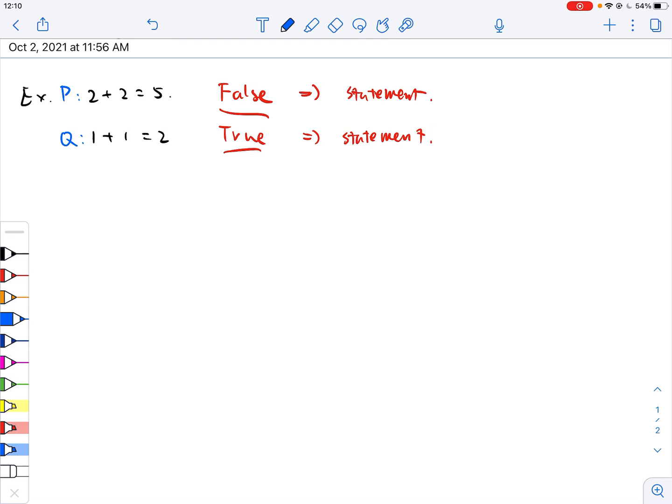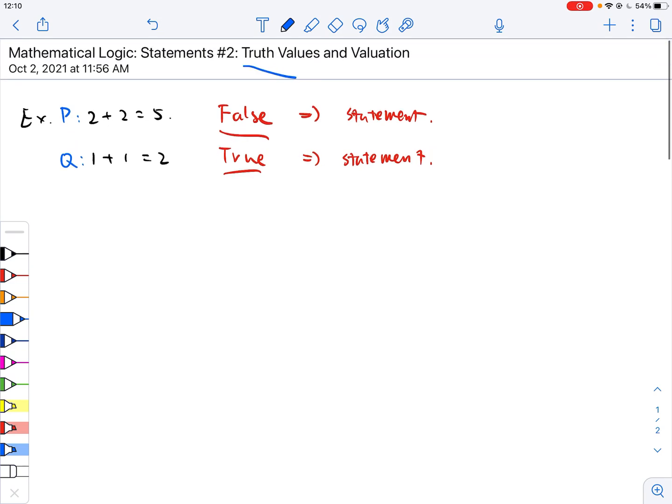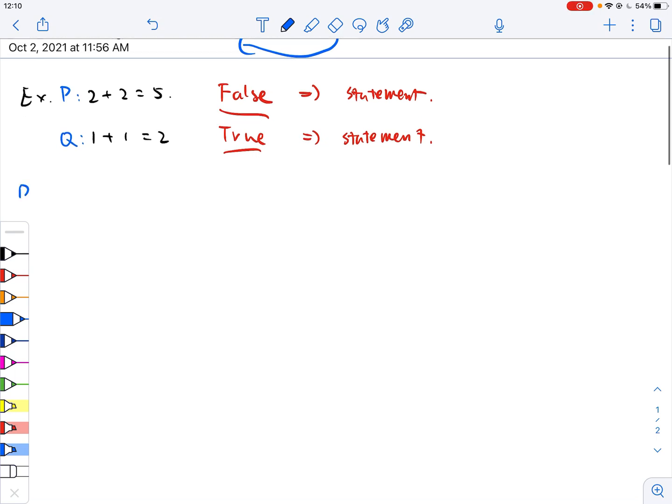So we now invent a new concept called truth values, as I've mentioned in the title. Let's give the definition of truth values.